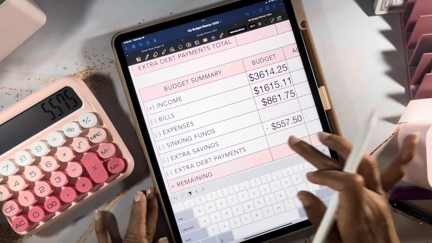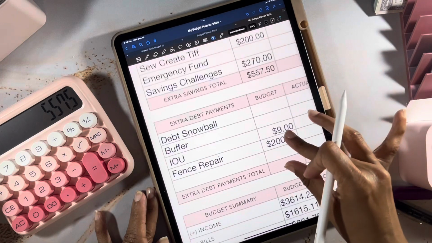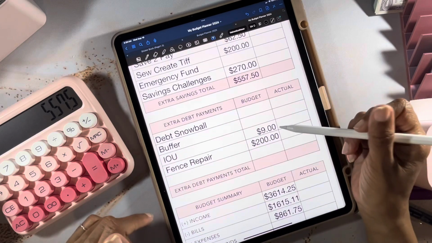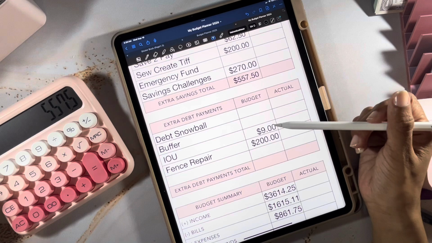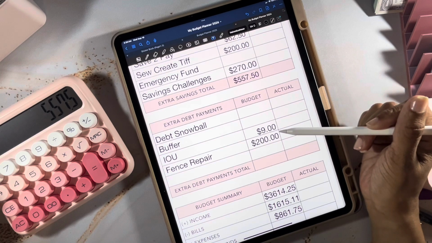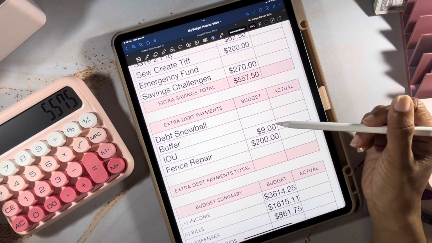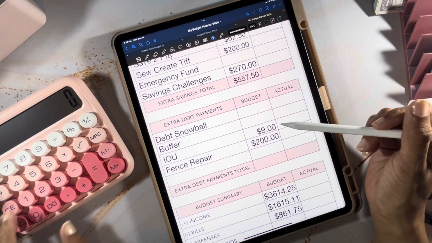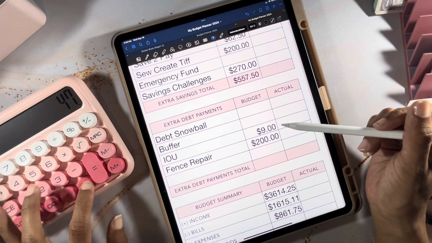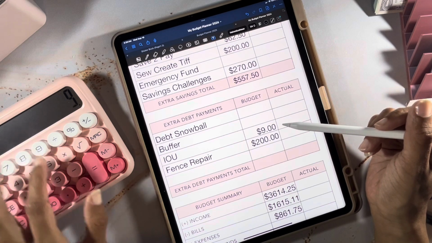Okay. And then here I have an IOU. I need $9 for one of my savings challenges that has $9 of prop money. And then another one has 47 plus 9.